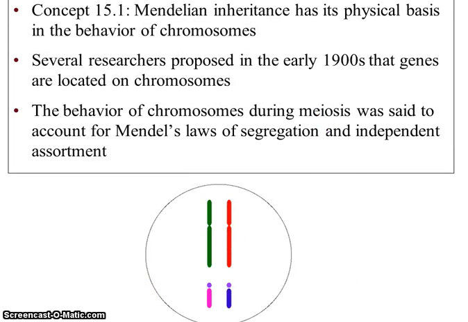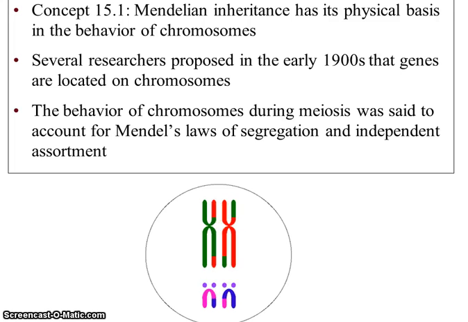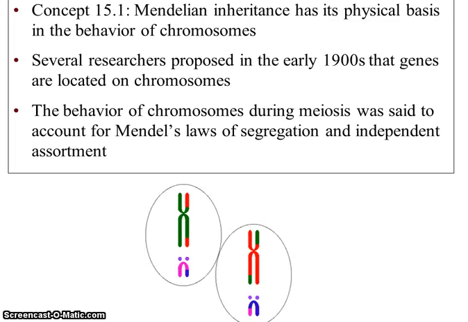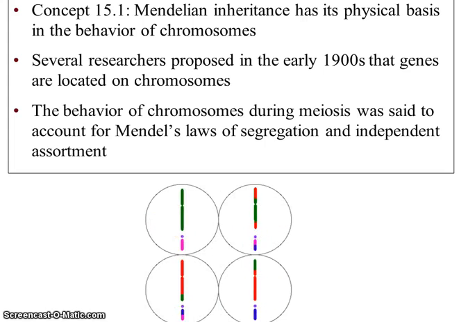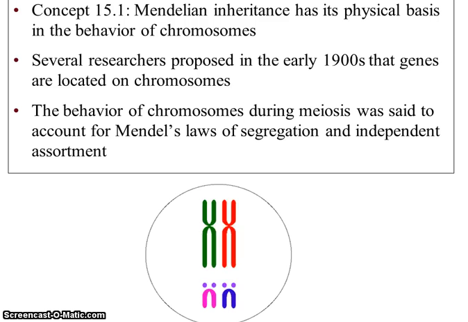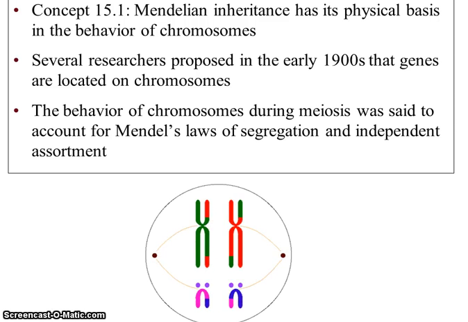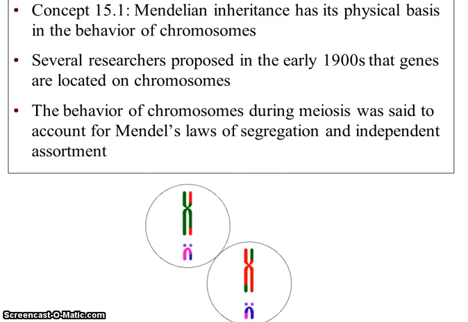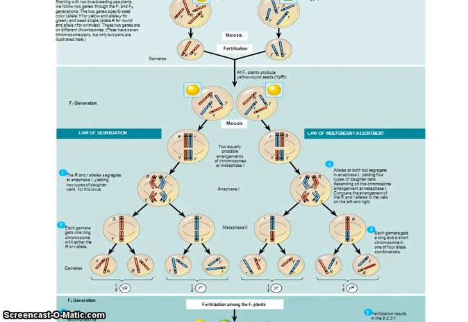So in chapter 15, we talk about Mendelian inheritance. How several researchers proposed that the genes were located on chromosomes. Okay, got it. Behavior of the chromosomes during meiosis was said to account for laws of segregation and independent assortment. Sounds good. So here's a little recap on meiosis.